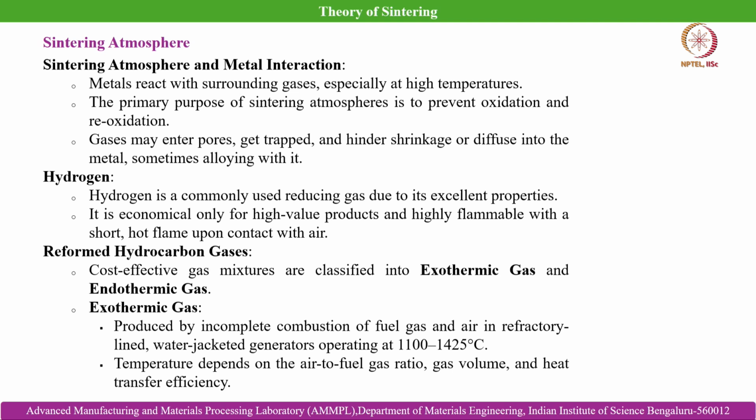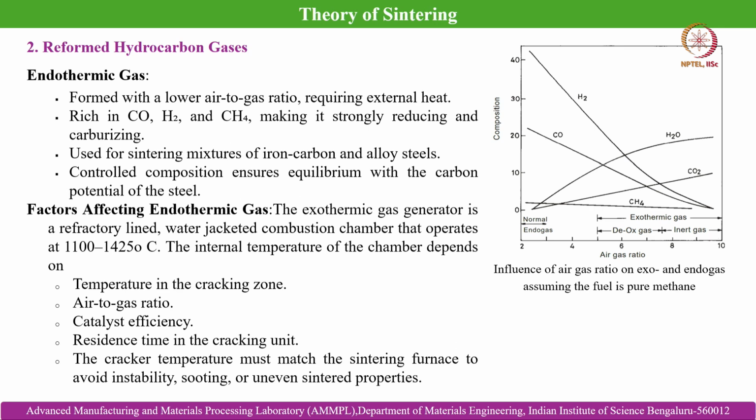This can also be used as a sintering environment at times. The other case is endothermic gas, formed with a lower air to gas ratio, requiring external heat. They do not generate heat; basically heat is needed for these gases. They are rich in carbon monoxide, hydrogen and methane, making them strongly reducing and carburizing.